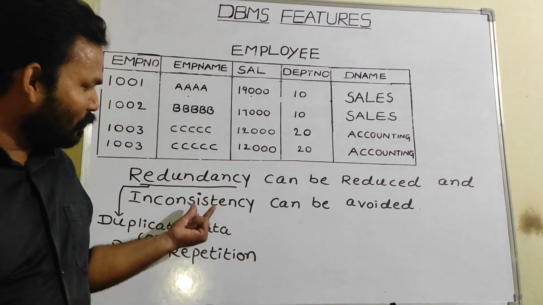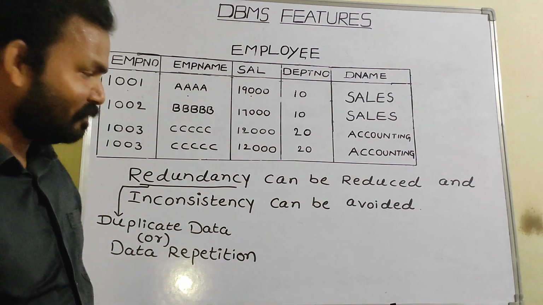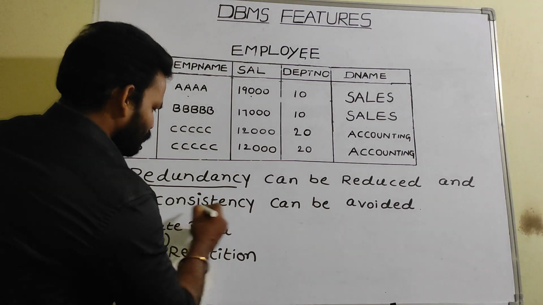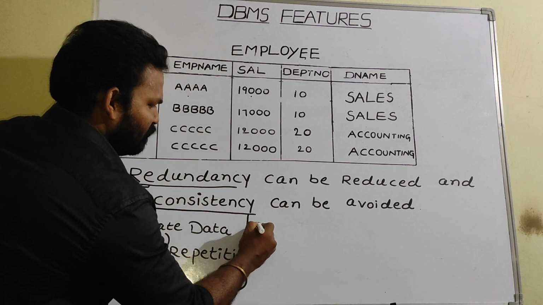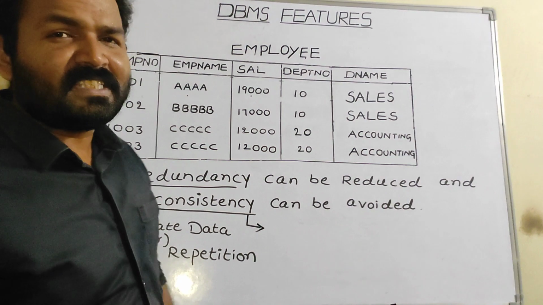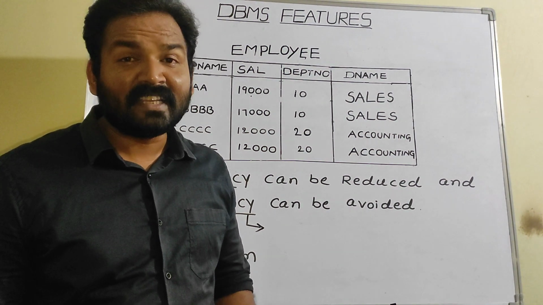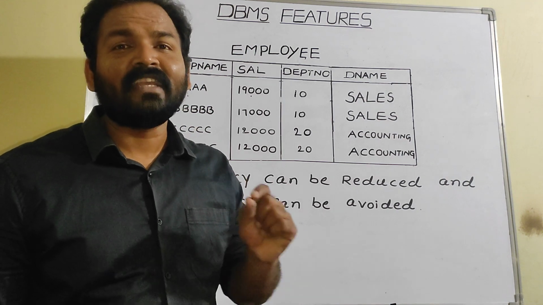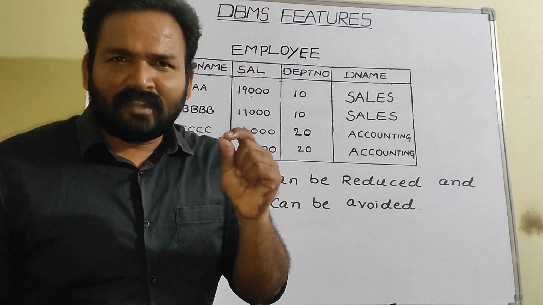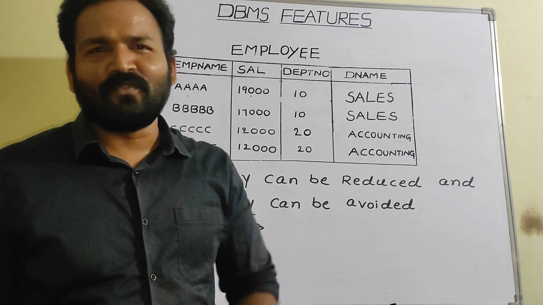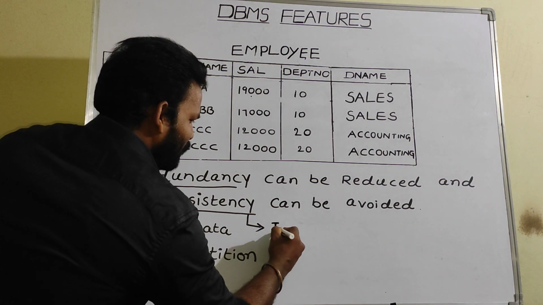Next, what is inconsistency? What does it mean? Inconsistency means incorrect data, or data which is not meaningful.